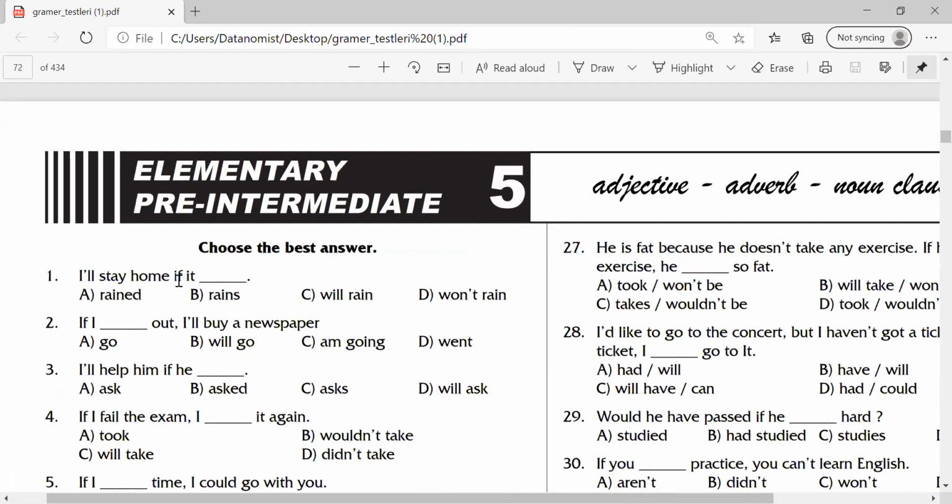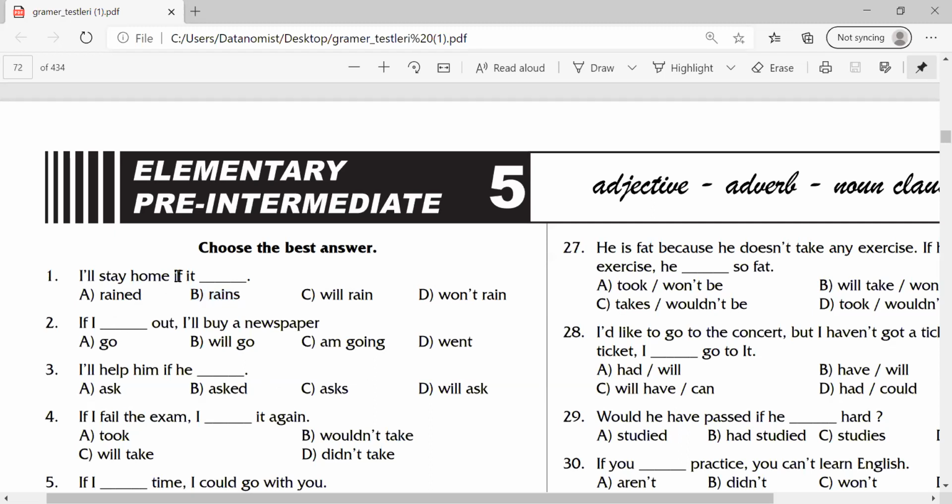So I will look at this. Will stay. The moment I see will stay, this is type 1. Means here present form. If present, this is future. So rained is past, no. Rains is present, will rain is future, won't rain is future. So my answer is B. Now reading: I will stay home if it rains. Fine. Go to the next one.